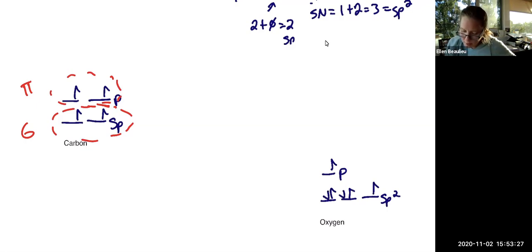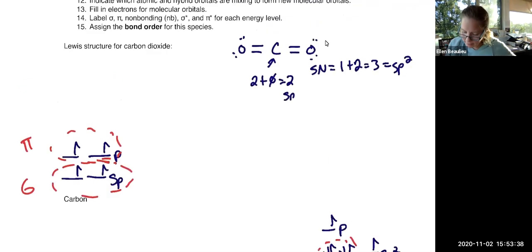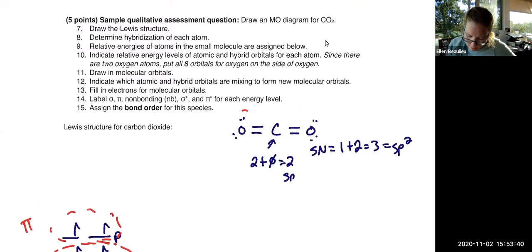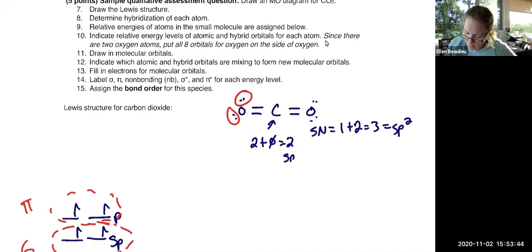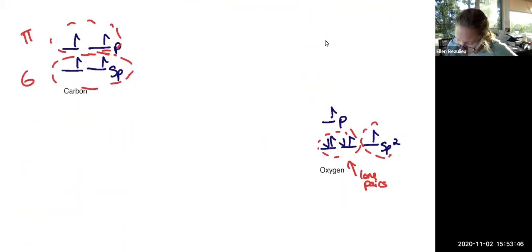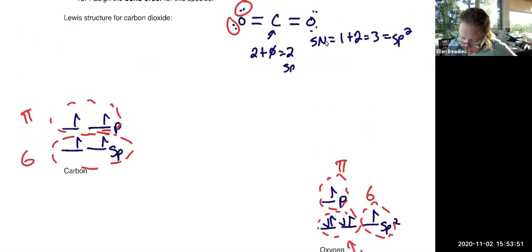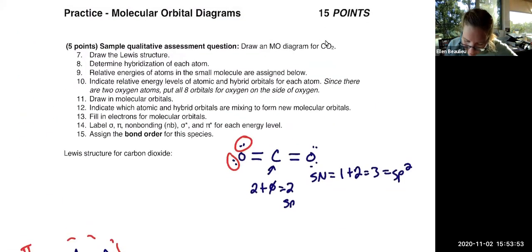Okay, well, right here, I see that we have 2 lone pairs on oxygen. And we see that in our Lewis structure. Here we have two lone pairs that are going to be living in a hybrid orbital. But then I also have the need to form a sigma bond and a pi bond. And so here in my molecule, I see I have a double bond, which is a sigma bond and a pi bond.